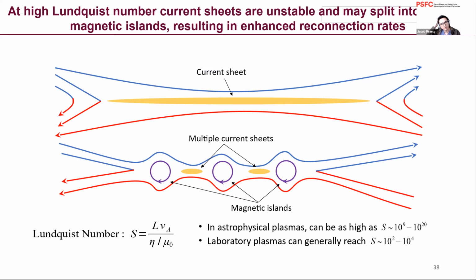When the Lundquist number gets high enough, the current sheet breaks up into multiple isolated current sheets, separated by these magnetic islands, which are called plasmoids. Again, for reference, the Lundquist number is really high in astrophysical plasmas, so we expect this to be the relevant process there. And we would like to investigate that in our laboratory plasmas, which have lower but still high Lundquist numbers.